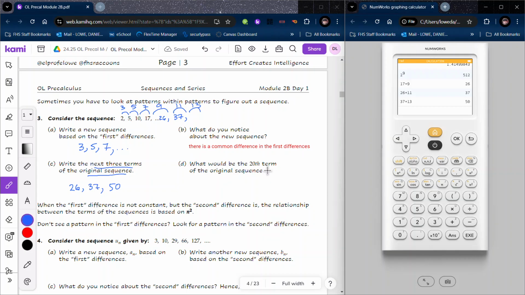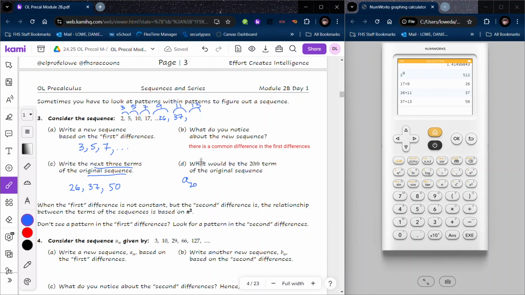What about the 20th term of the original sequence? So if I wanted that 20th term, how could I figure it out? Well, what's important is to recognize that if our first difference is not constant, but that second difference is, the relationship between the terms is based on n squared.